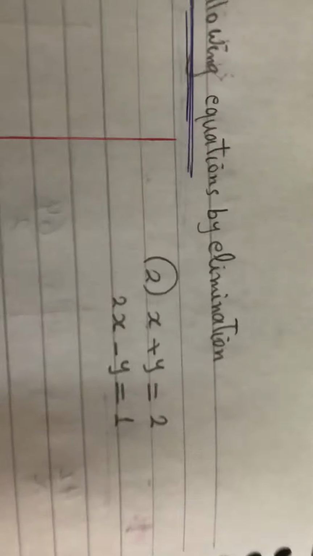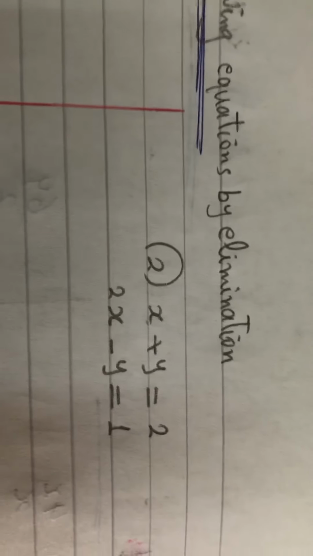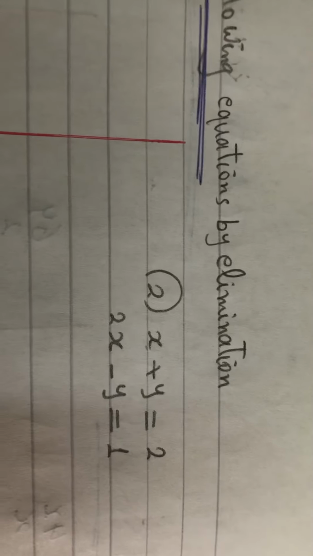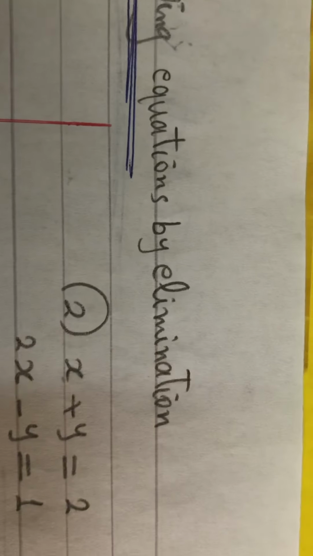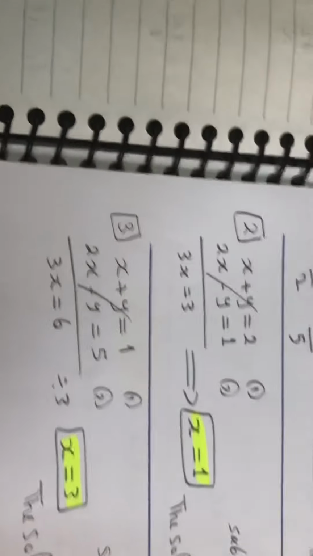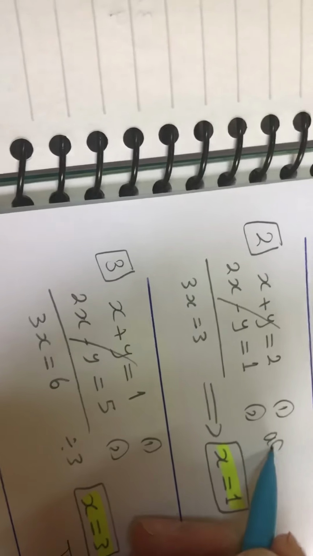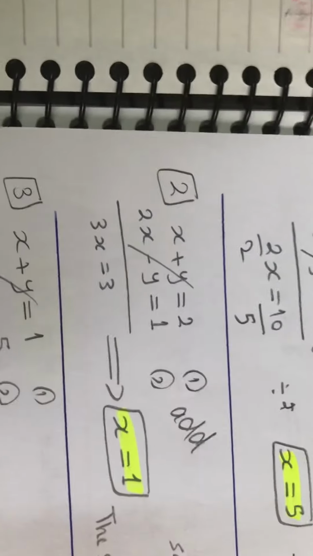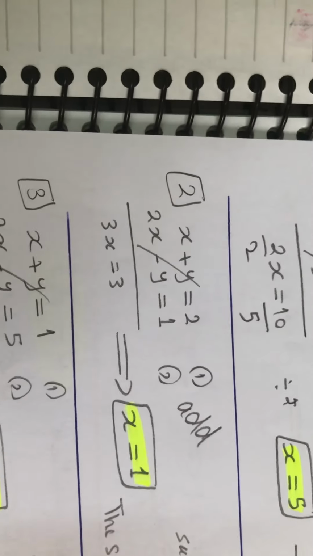The second simultaneous equations: x plus y equals 2 and 2x minus y equals 1. I asked you to solve by elimination. So I label the equations and add, like this. Each time you have to say that's addition. Okay, so cancel y with y, positive with negative.